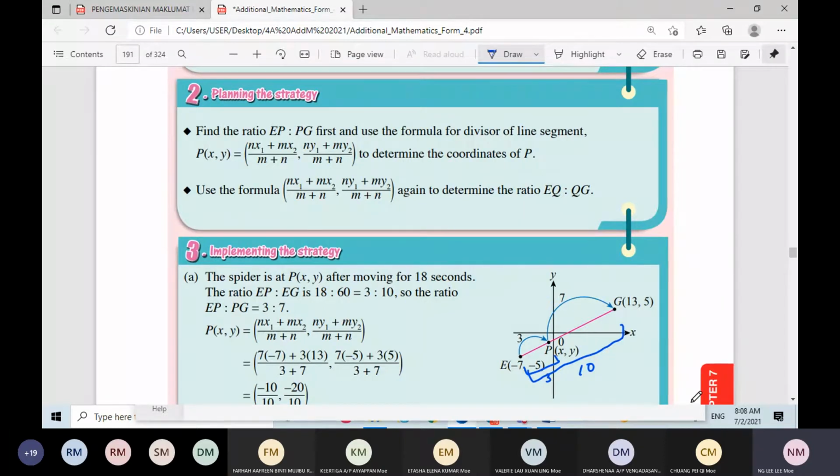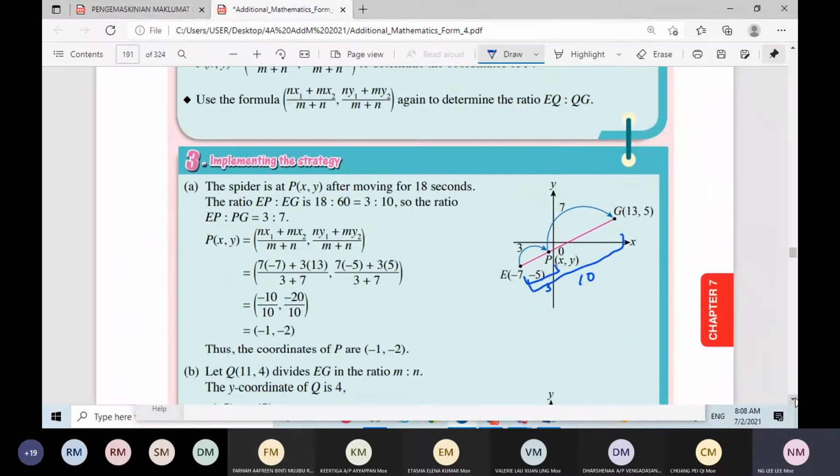Now we answer the questions. They want you to find the coordinate of point P. Same thing, you do cross. The 7 crosses with point E, then 3 crosses with point G. The point P you can straight away write in coordinate form.